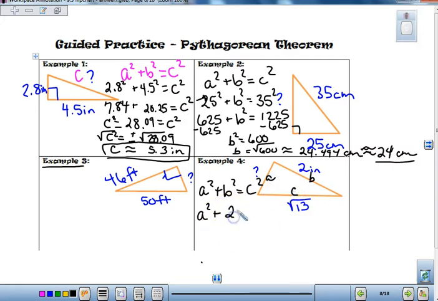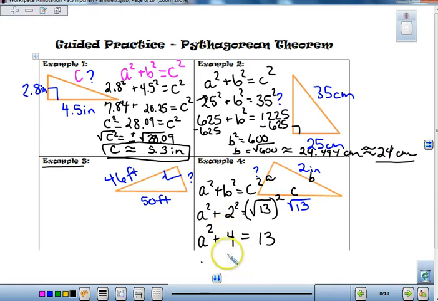So I'm now going to put 2 squared equals, and I have the square root of 13, and I'm squaring it. Now the beautiful thing about squaring a square root is it's just like writing that number. If you put in your calculator the square root of 13 and then you square it, you should get 13. So we now have a squared plus 2 squared, which is 4, equals 13.